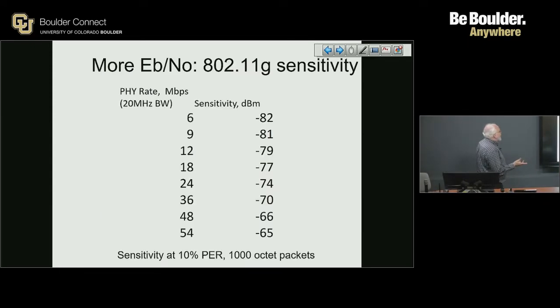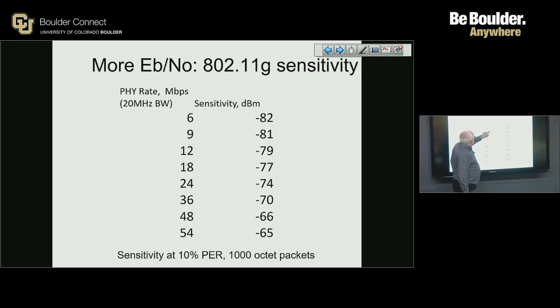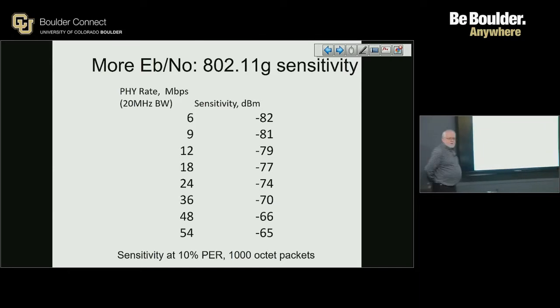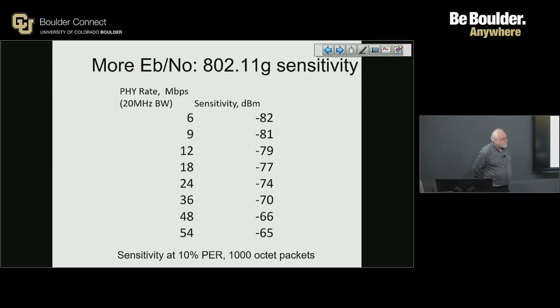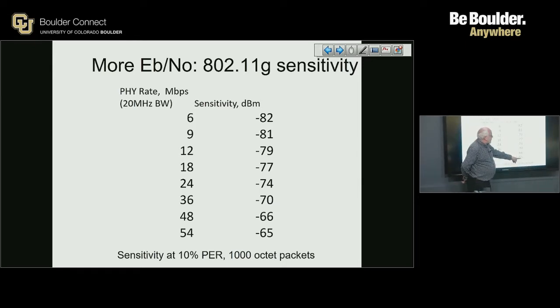This is from an 802.11g specification. This is a 20 megahertz bandwidth, 6 megabits per second, which is the lowest modulation encoding scheme for 802.11g. That's minus 82 dBm for 10% packet error rate. That's the spec. As we go up in speed, the sensitivity is less for the same packet error rate.